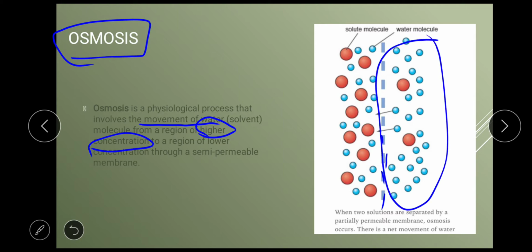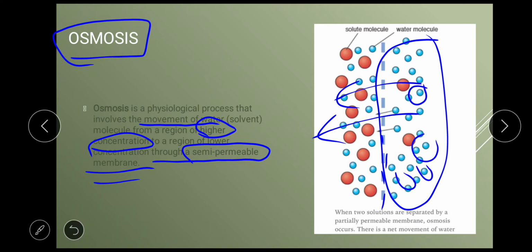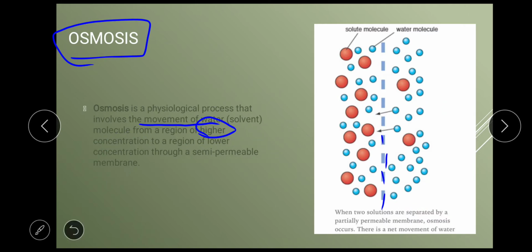More water means higher concentration. So it will go from here to here through a semi-permeable membrane. Semi-permeable membrane means this membrane here will not allow all particles to go. It will allow only water particles to go, not other particles. So that is why it is called as semi-permeable membrane. This is called as osmosis, movement from higher concentration to a lower concentration.